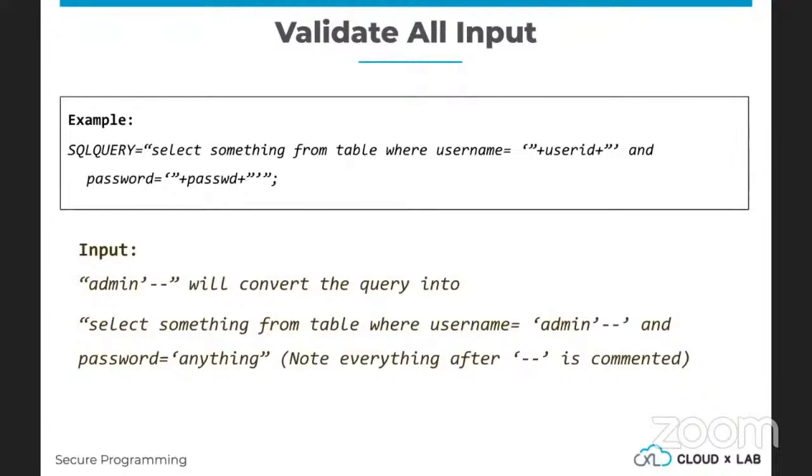So there are two ways of looking at validation of input. The first way is to accept what is right and reject everything else. The second way is to reject what is wrong. When you reject what is wrong, that's a wrong strategy. Instead, accept only what is right.